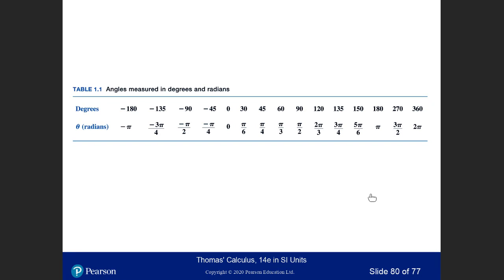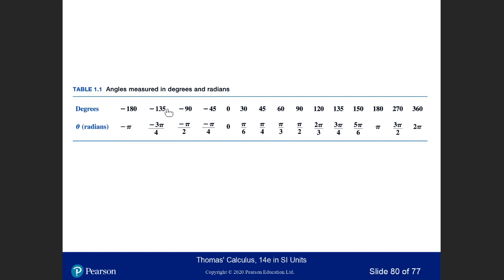There's a plus way and a minus way. Minus 180 in degrees is minus pi in radians. Negative is clockwise. Positive is counterclockwise.